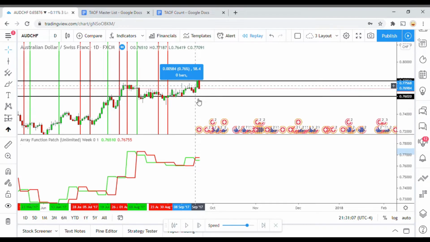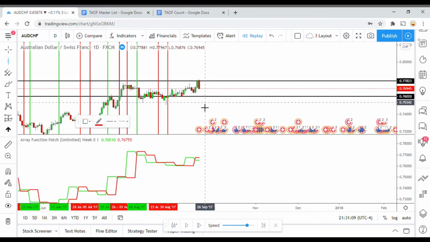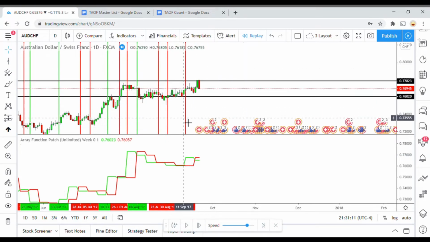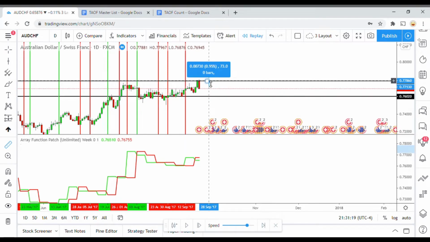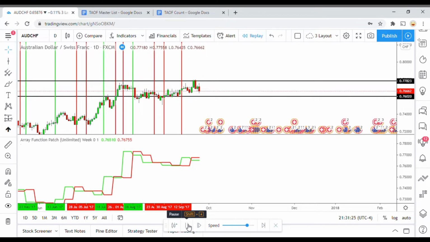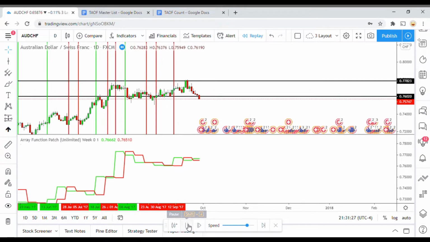Didn't quite make it, and so that one would have been a loss. Then we picked up a short right here. Haven't quite got stopped out yet, so let's see what happens.